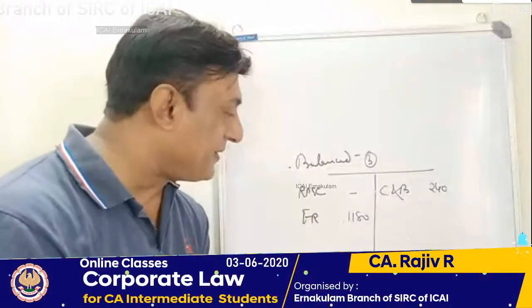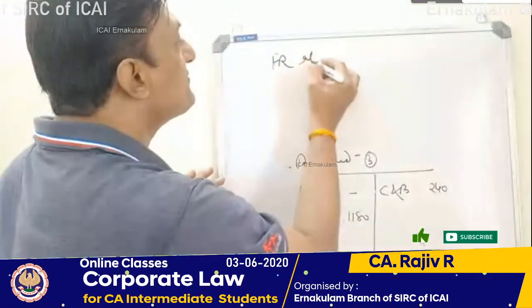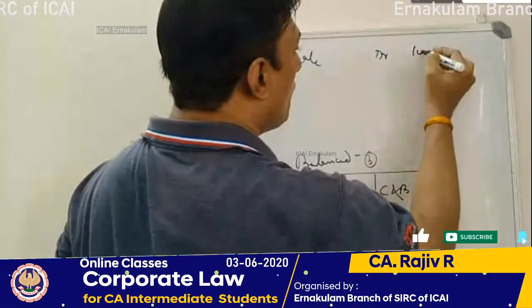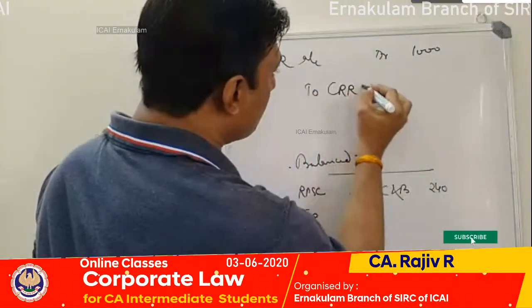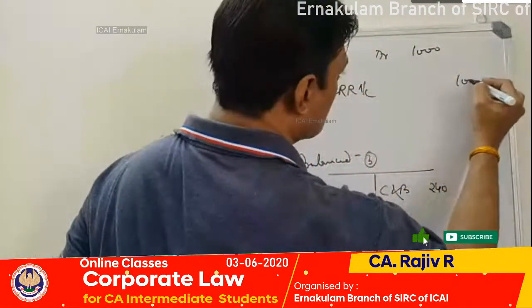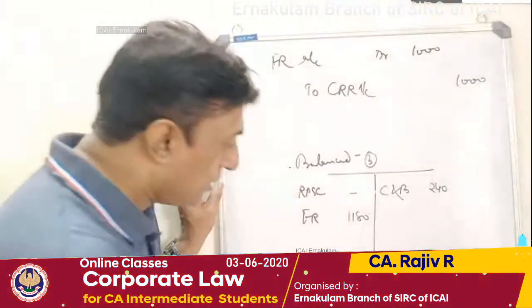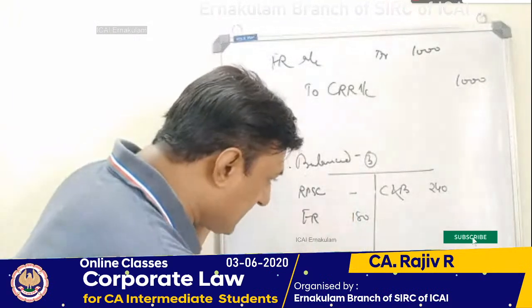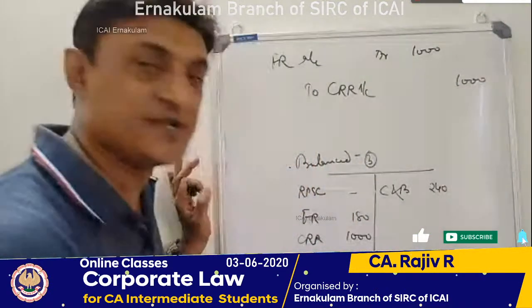Now what will happen? The entry passes: free reserves account debit 1,000 to capital redemption reserve account 1,000. So this will become 180 and capital redemption reserve account will become 1,000.